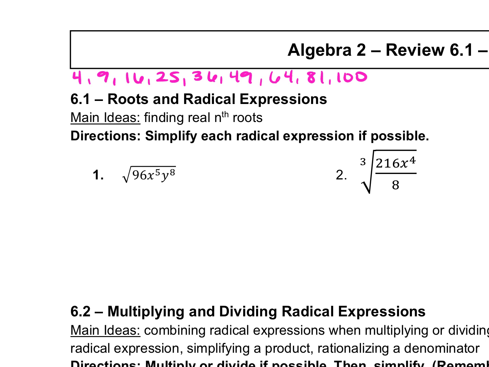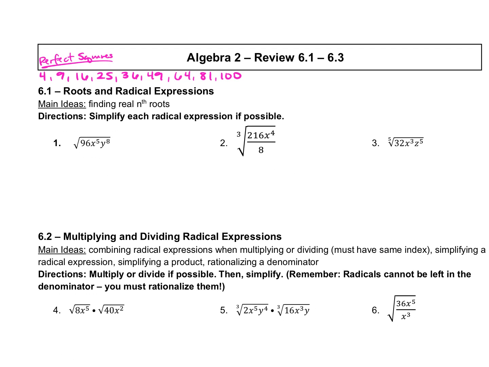So those are the perfect squares, right? Really the perfect cubes that we do the most with: 2 cubed is 8, 3 cubed is 27, 4 cubed is 64. Those are the most common ones.